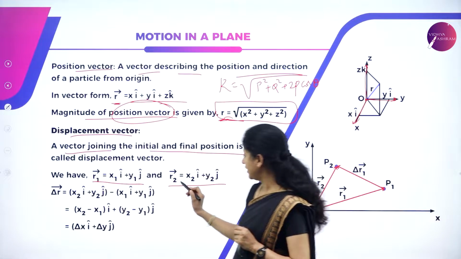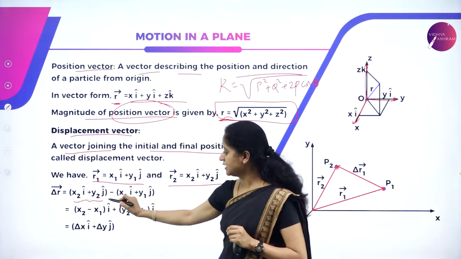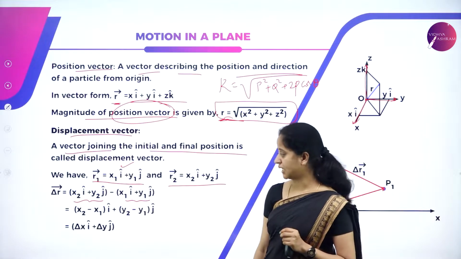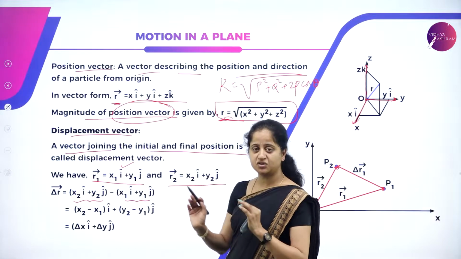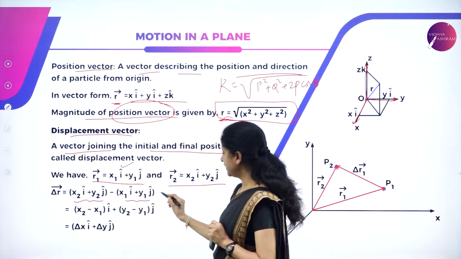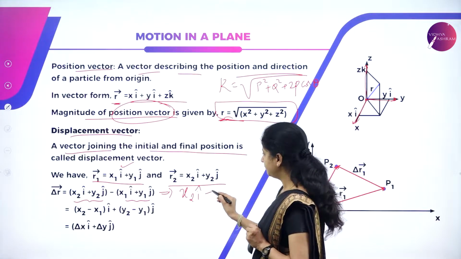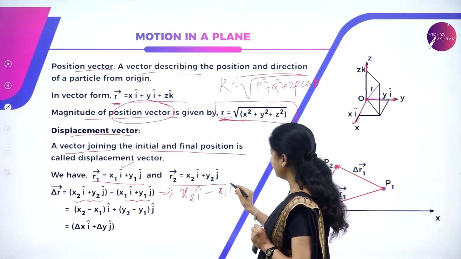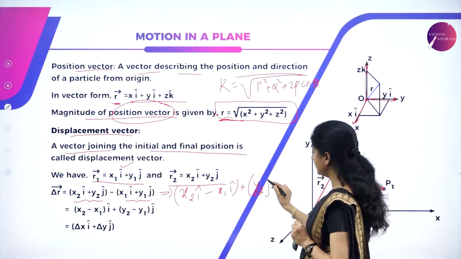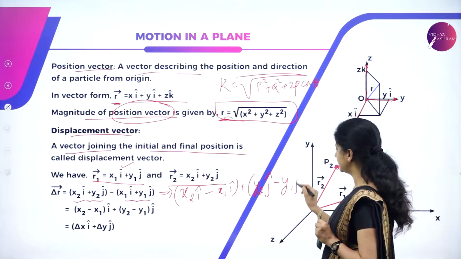So we have r2 equal to x2 i cap plus y2 j cap, that is the final position, minus the initial position, x1 i cap plus y1 j cap. Now let us write all the i terms to one side and bring all the j terms to the other side. So what do we get? Bringing all i terms to one side, x2 i cap minus x1 i cap plus y2 j cap, minus into plus is minus y1 j cap.